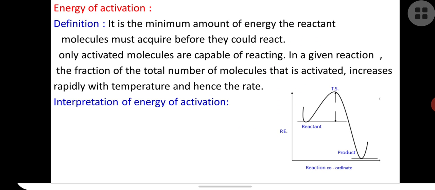So, the potential energy rises to a maximum. Here, the reacting molecules have formed such a configuration that a further small distortion converts it into product. Such a high energy configuration is called the activated complex or transition state.